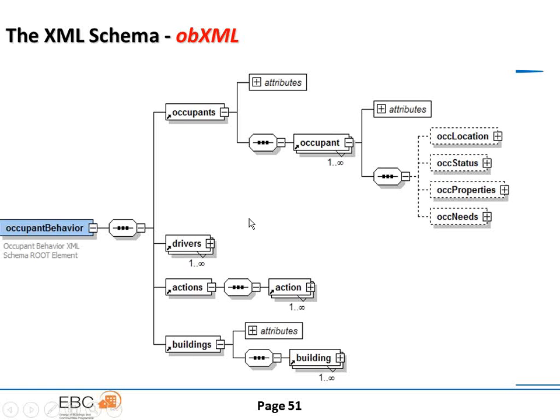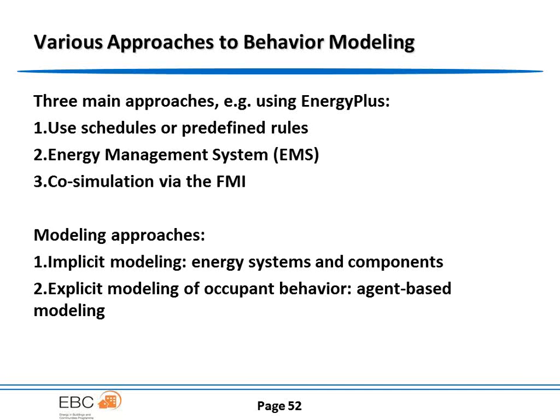And broadly, there are two ways we model behavior. One is, for example, window opening and closing, right? If you're using EnergyPlus, you define a rule, and the rule is associated with the window. You set outdoor temperature and indoor temperature, and if the difference exceeds a certain value, you open the window. But the window doesn't open itself unless you have automatic control.